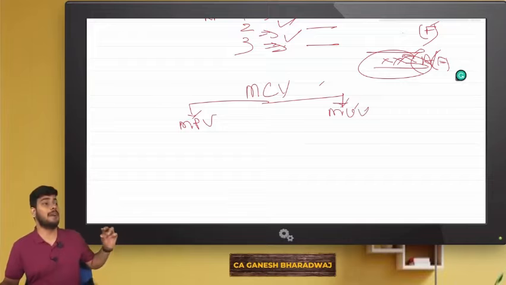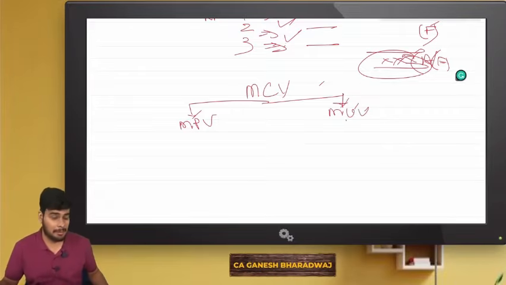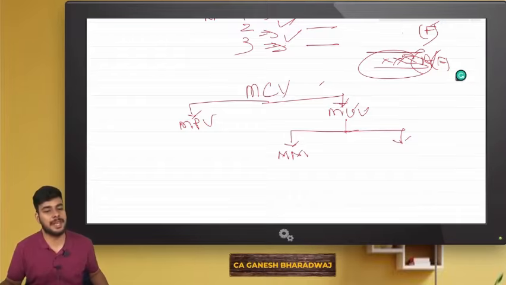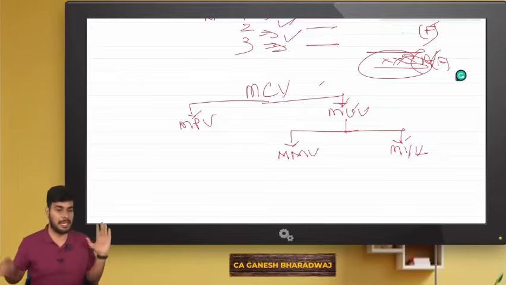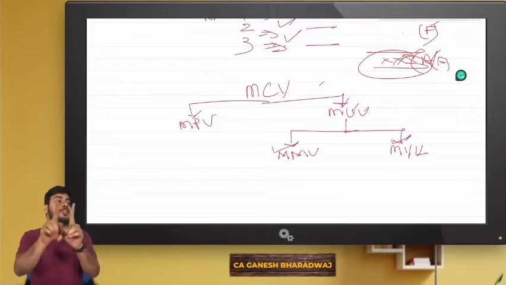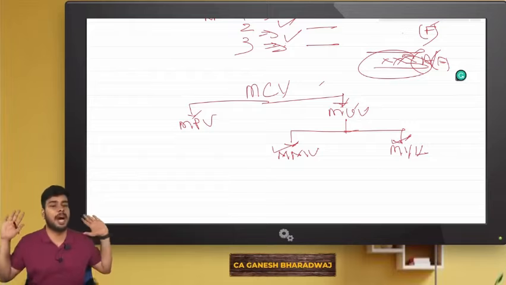When you have a multi-product, multi-raw material scenario, this material usage variance gets further bifurcated into two more: material mix variance and material yield variance. When we do the next sum, I will tell you what that is. But these two variances are applicable only if you are using more than one raw material at the same time. Are you clear with this?